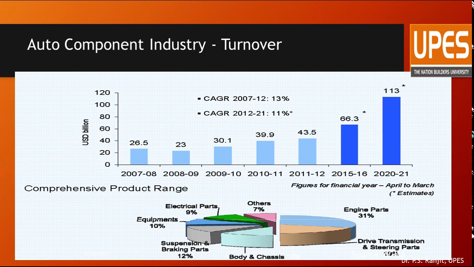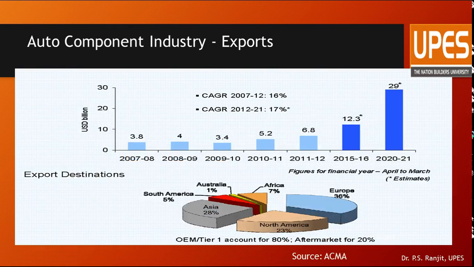The turnover required by 2021 is 113 US billion dollars. And exports, nowadays near about 12.3, are required to reach 29 US billion dollars by 2021.